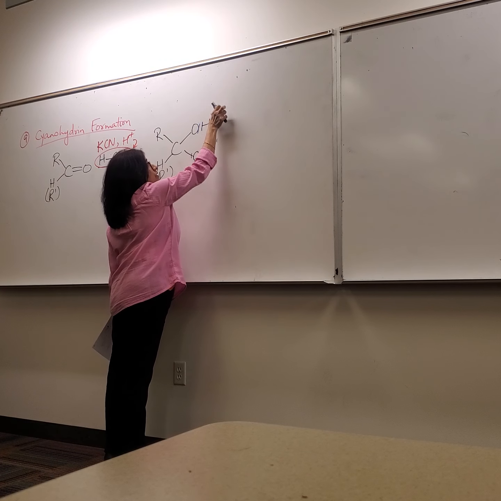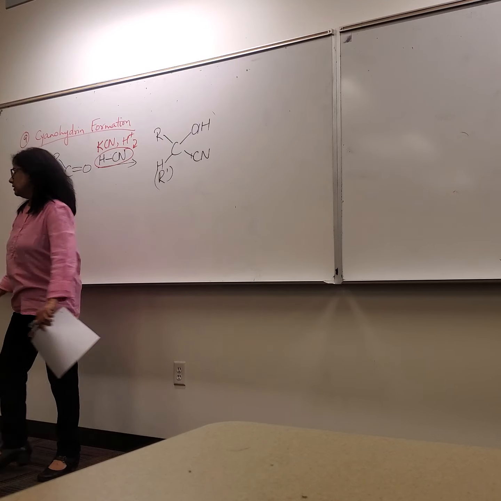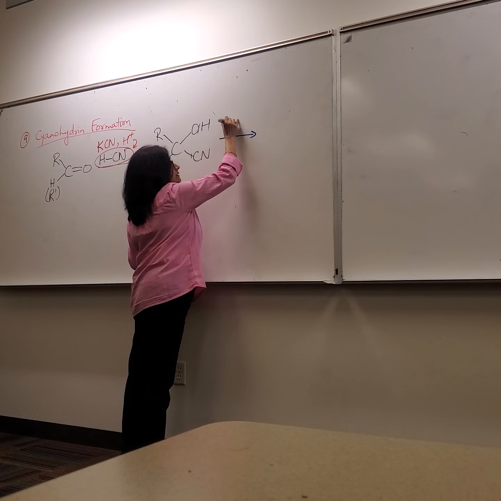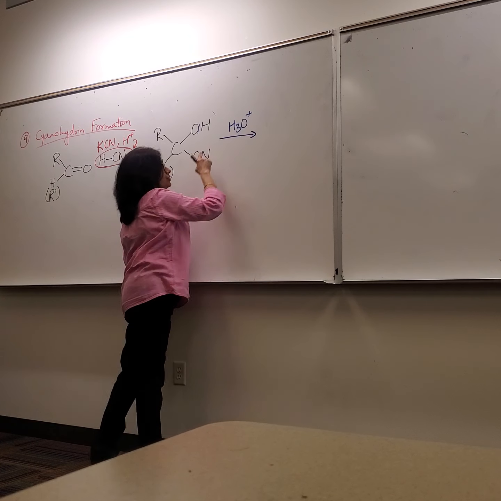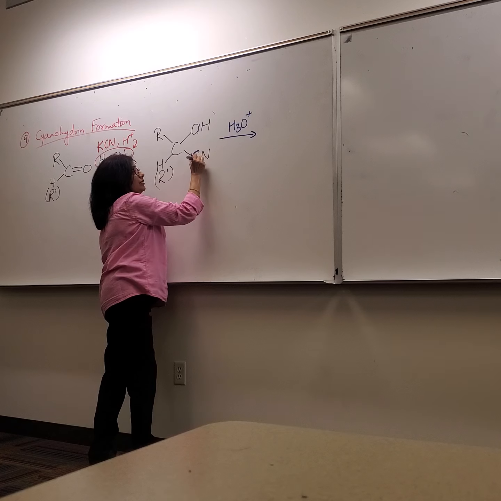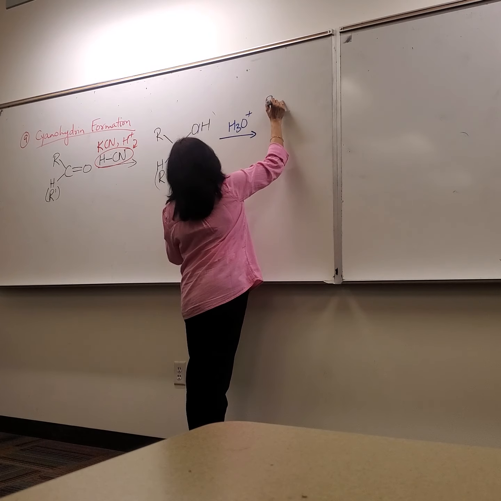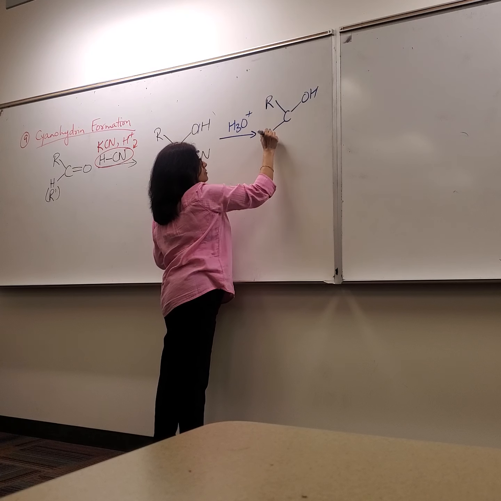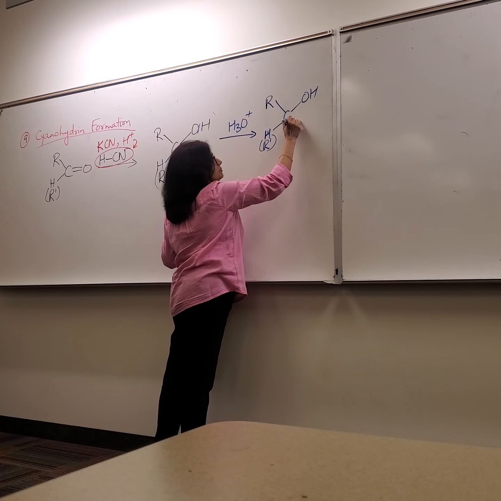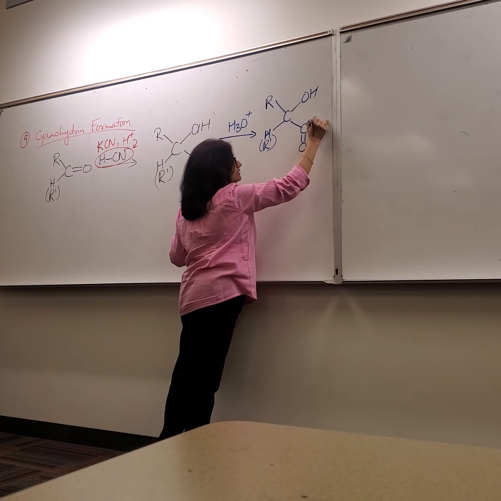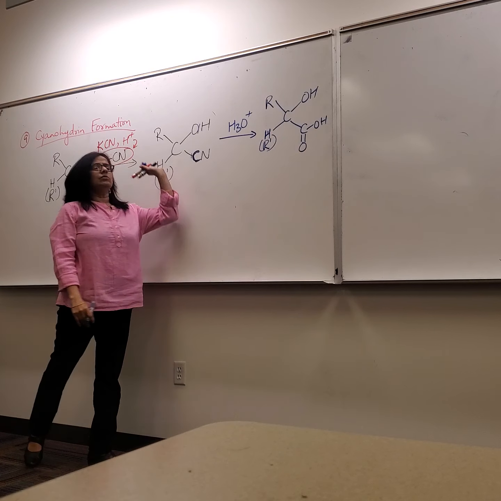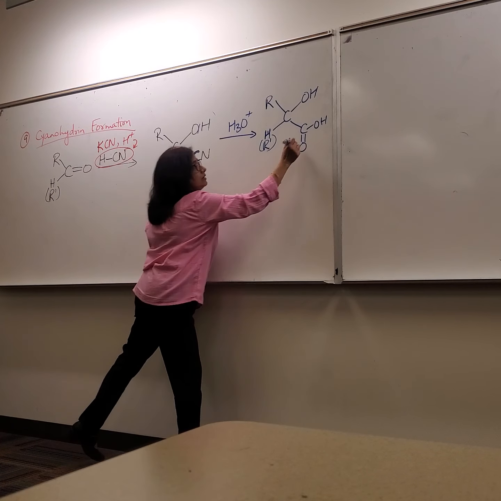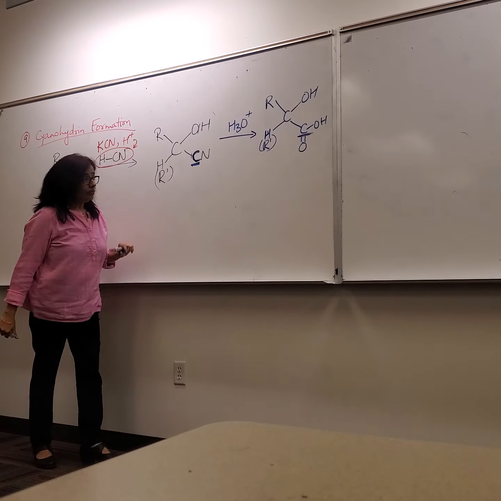So we can hydrolyze the nitrile, this carbon right here, and we'll look at the detailed mechanism of that step next chapter, I think, but this becomes a carboxylic acid, and of course ammonium and all, but who cares?